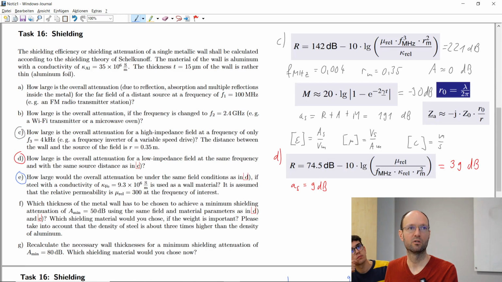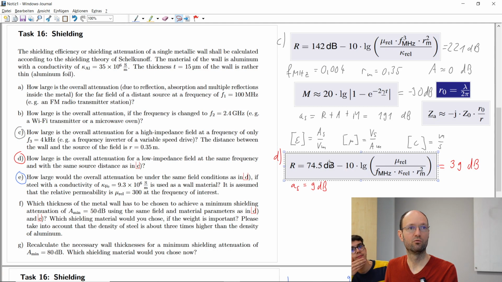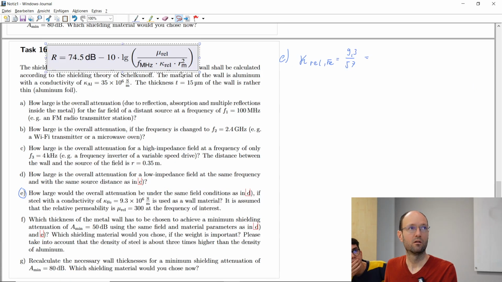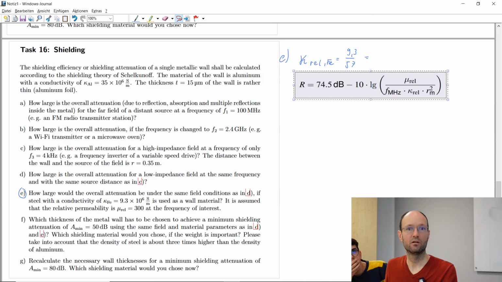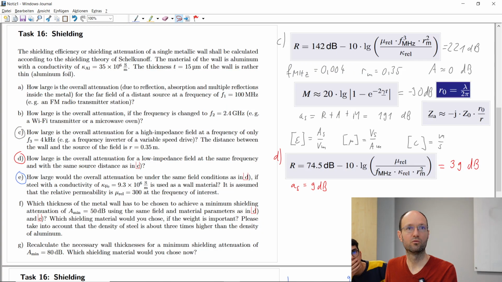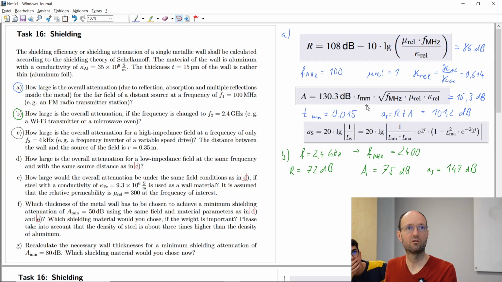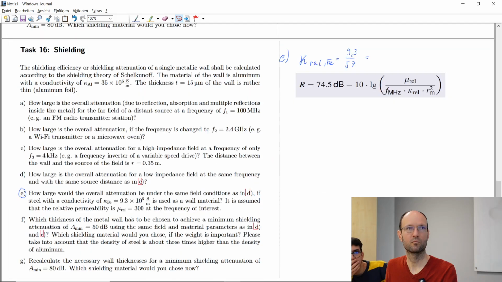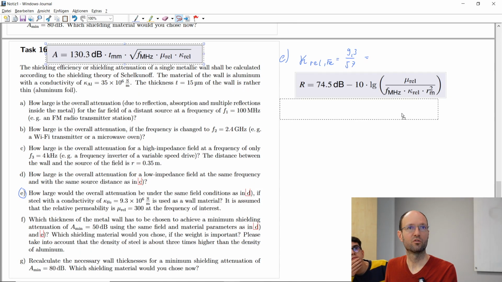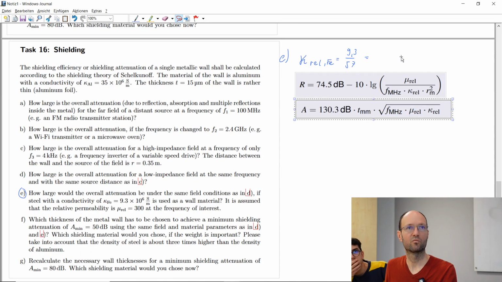So we would need to redo this calculation here for the reflection, and we would need to redo this calculation here for the absorption. And for both of them, we should get some value.